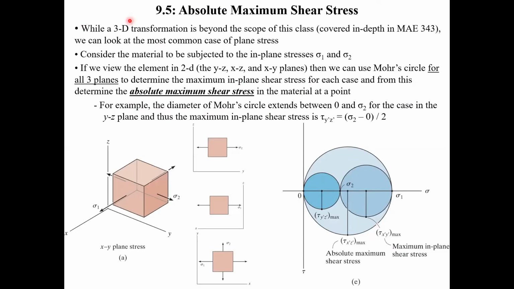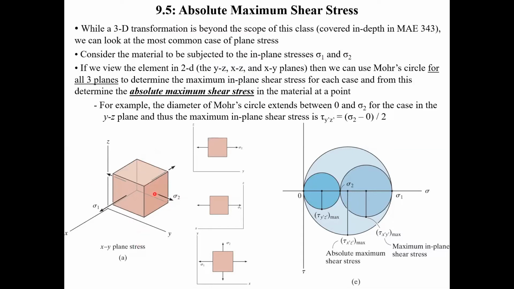While a true 3D stress transformation is beyond the scope of this class, we can still look at the most common case of when we have plane stress and look at it in 3D. So if we consider material that's subjected to just these in-plane stresses, sigma 1 and sigma 2, that's our normal stresses from the previous sections, so no principal stress on the other face, the Z faces, we could say.